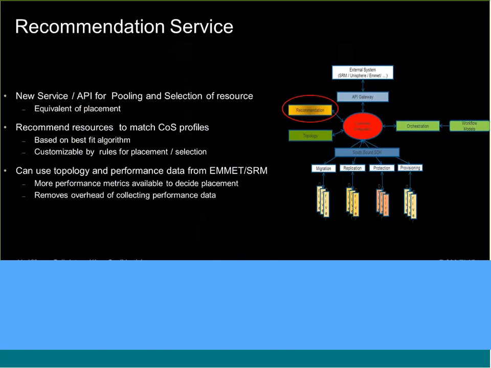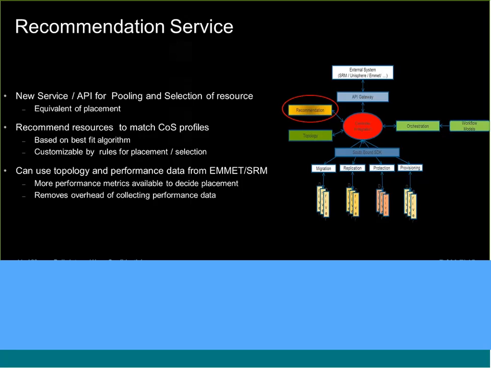Let's look at the first component which we have worked on and which has a working solution. It is called the recommendation service. This is what we call a new service or API. Right now we have just implemented it as another API within Viper, for pooling and selection of resources. The input to this recommendation service is our class of service concept, which we have already discussed.